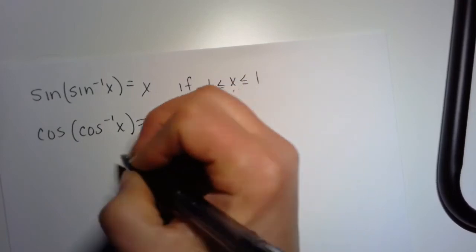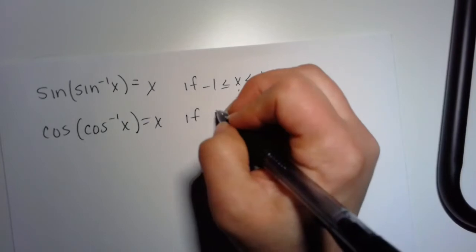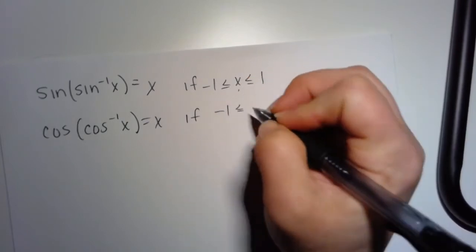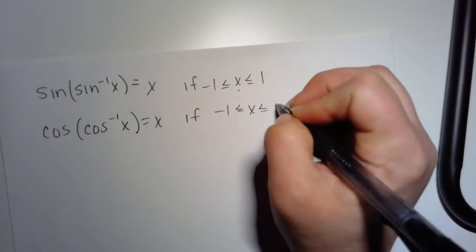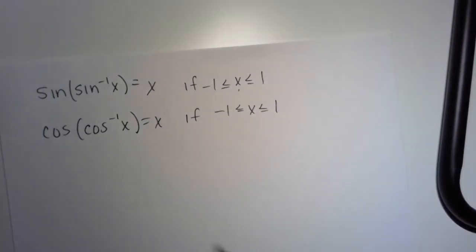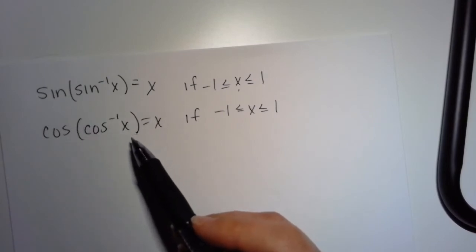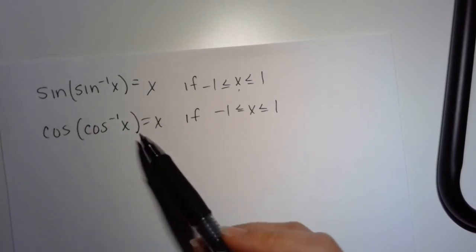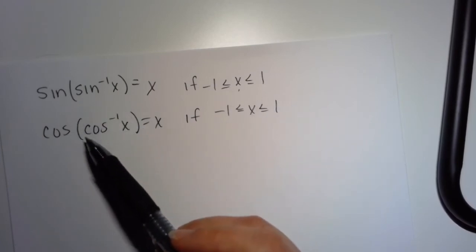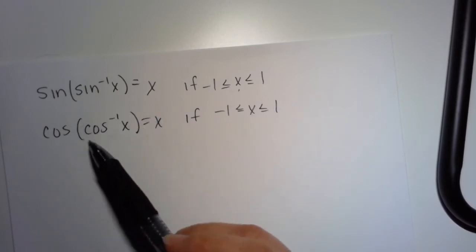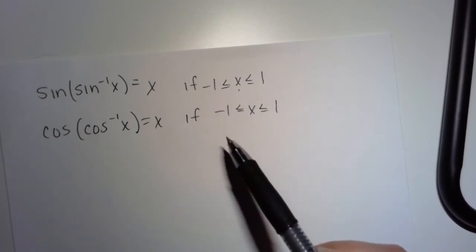So because I restricted, my range is the same in both cases of sine and cosine, so my domain is the same when it comes to the inverses. Remember, because we're going on the inside. So because the normal range of cosine is this, the inverse function has a domain of this, okay?